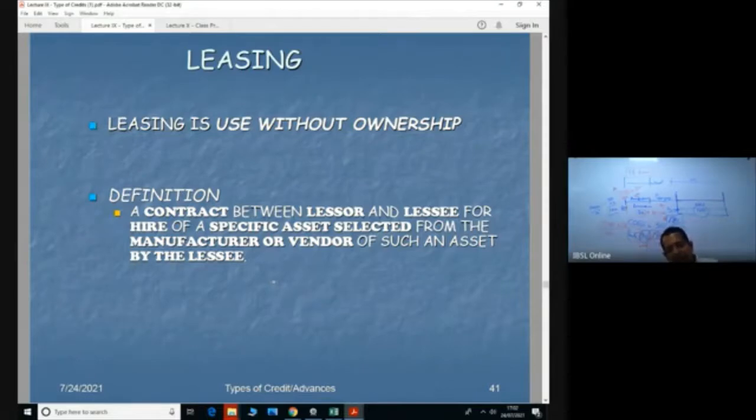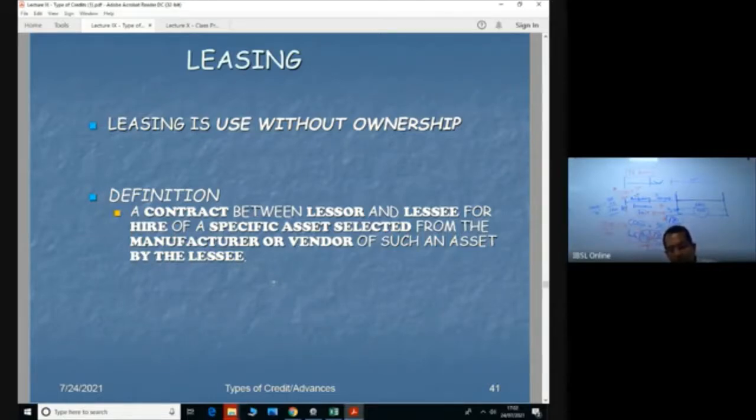That means we select the vehicle or equipment on behalf of the customer, we buy it on behalf of the customer, and allow the customer to use it, right? Customer selects, we buy, and allow the customer to use.